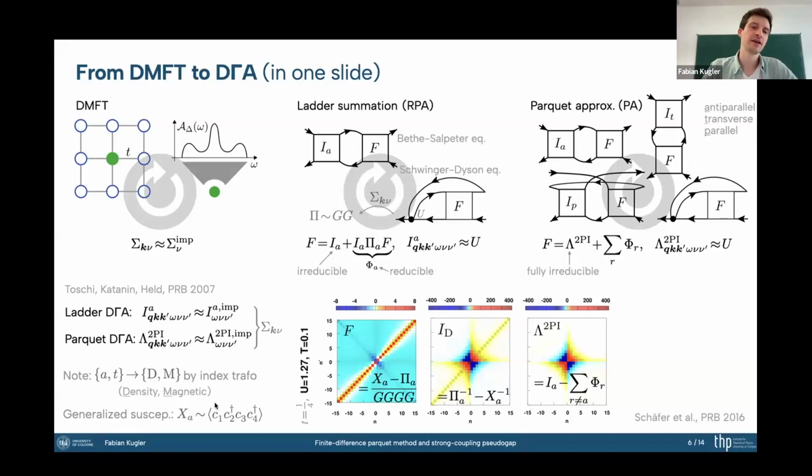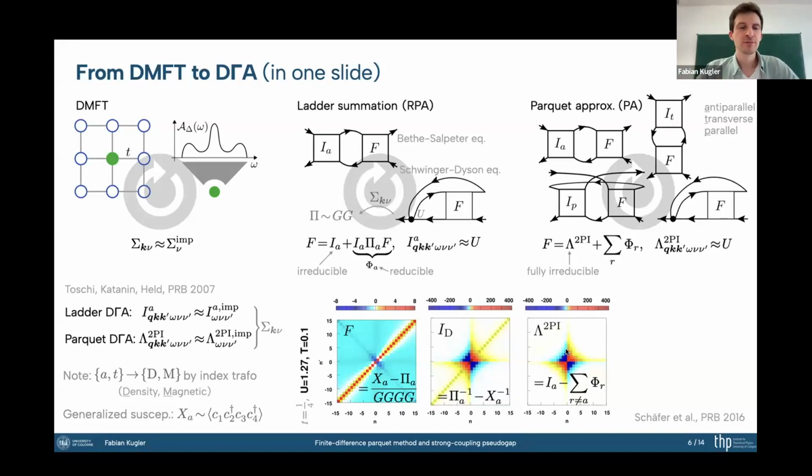And then it's clear that if this matrix happens to have eigenvalues close to 0, then upon inversion, the irreducible vertices diverge. That's the case for ID, and it's also inherited in lambda 2pi because it differs from this vertex only by some reducible contributions in other channels. All right, so that's the situation that we're facing.